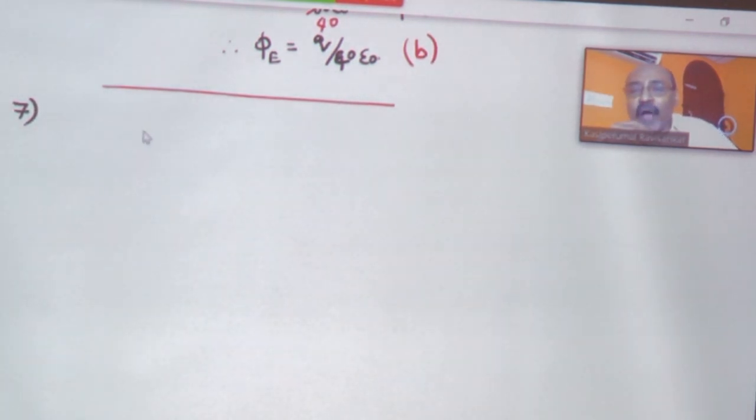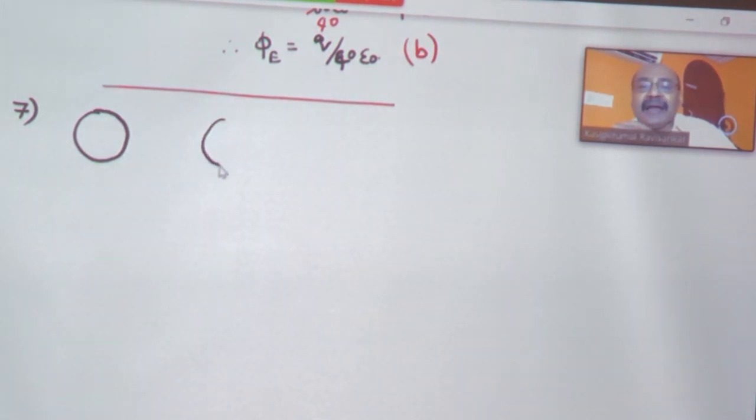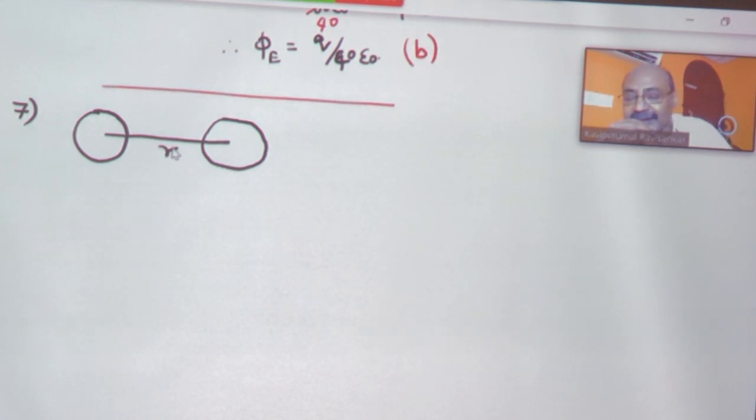Two identical conducting balls. One spherical ball is here and another spherical ball is here, separated from center to center by a distance r. One has the charge Q1 and the other has the charge Q2.